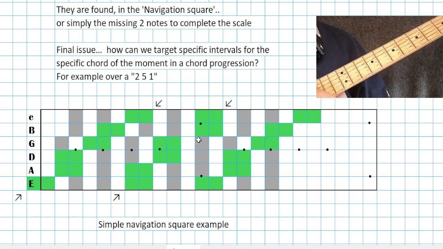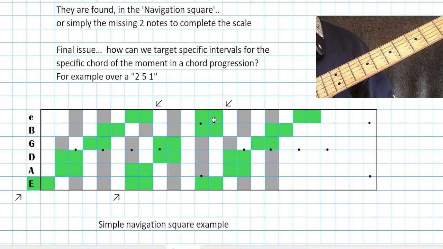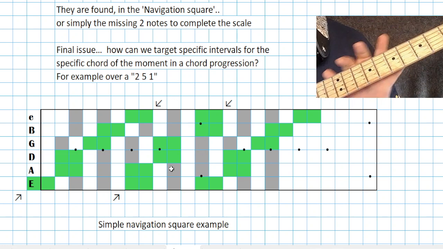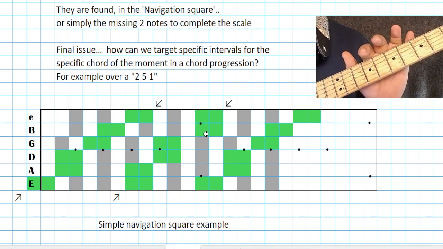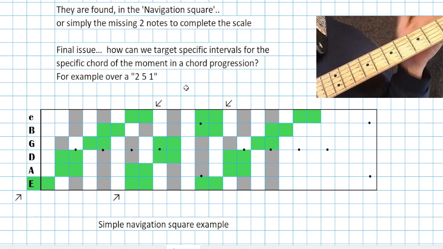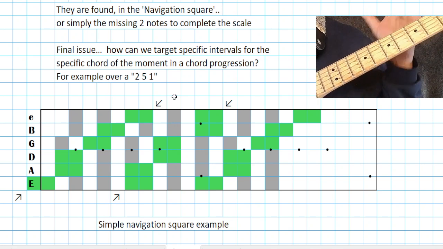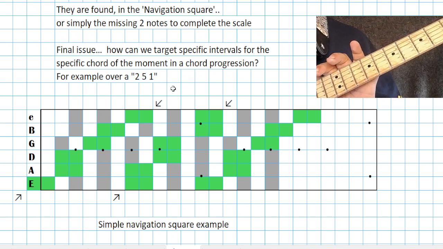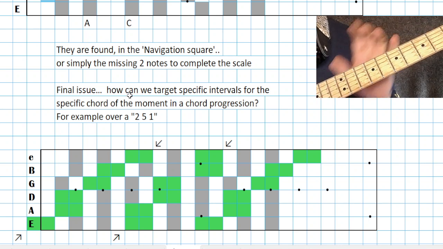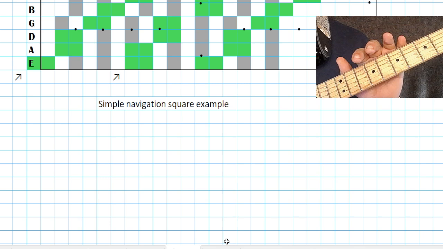Something like that. So anyways, yeah, that's the navigation row. You'll find that in a ton of other lessons I've done about navigating the fretboard. So if you're new, you just go and find those. If you dig this style of learning guitar and you think I have something to offer, check out the rest of the channel. So, how can we target now the specific intervals?